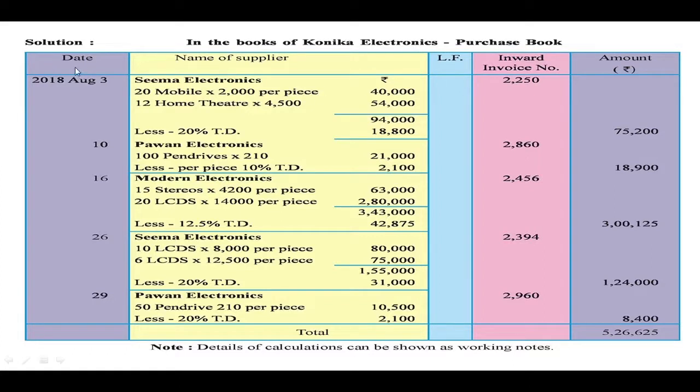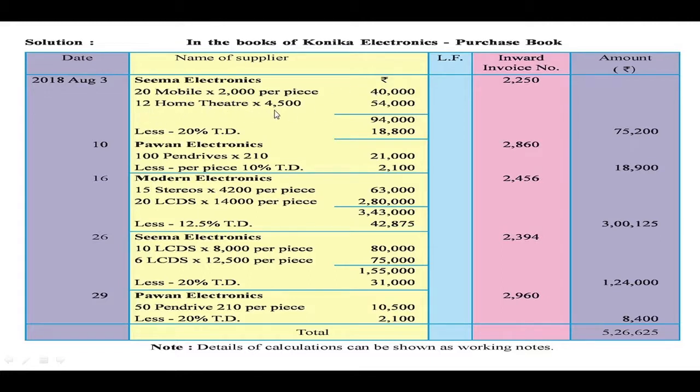Then the columns you have seen in the format, that is date, name of supplier, LF, inward invoice number, and amount. So the date of the transaction you have to write. Then the name of the supplier is Seema Electronics, and what is purchased from that company, 20 mobiles of rupees 2000 each, so that comes to rupees 40,000.